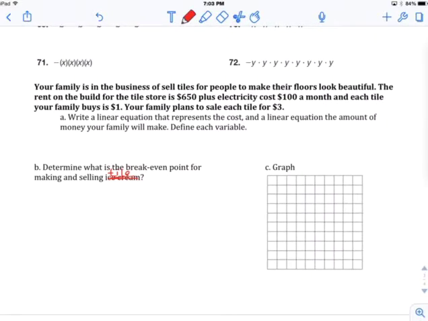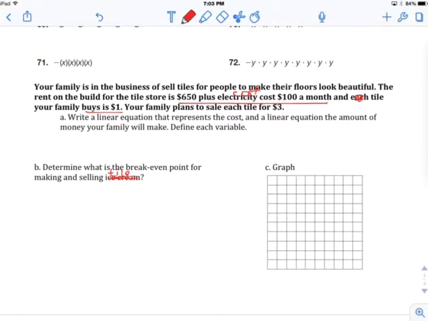Your family is in the business of selling tiles for people to make their floor look beautiful. The rent for the building for the tile is this much plus the electricity. These are all cost. And each means times. Tile your family buys is $1.